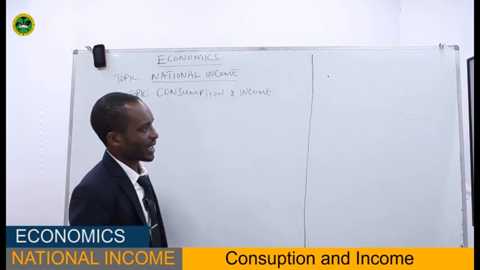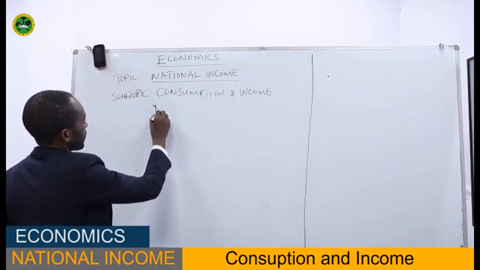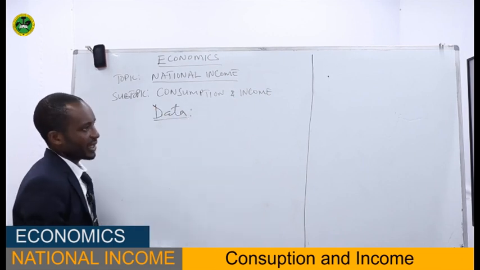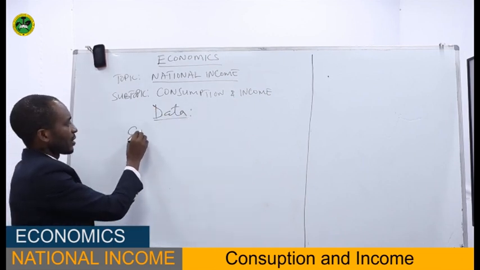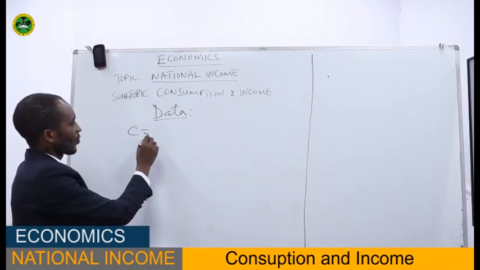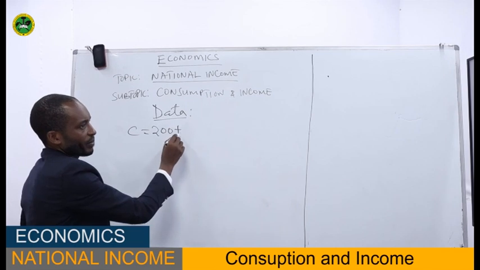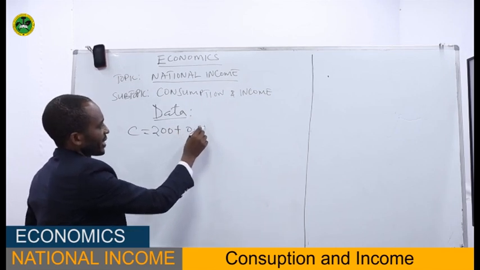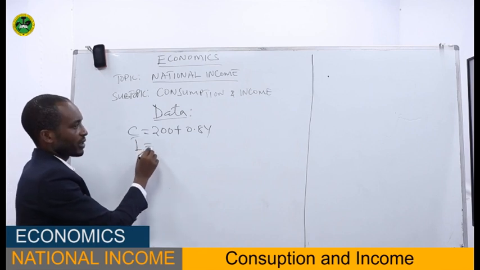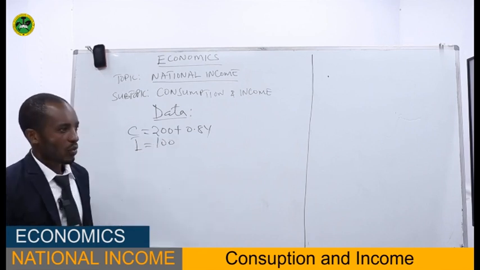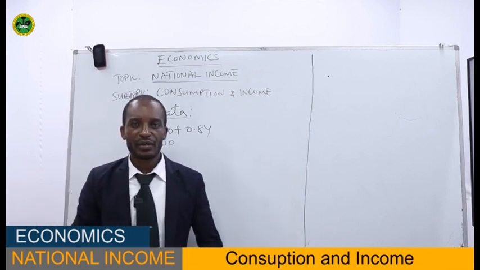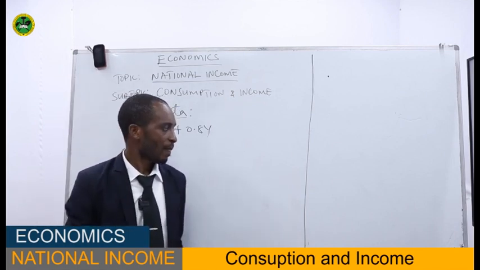We are given the following data: consumption is 200 plus 0.8y, then investment equals 100. Now we are asked to find the equilibrium level of income.